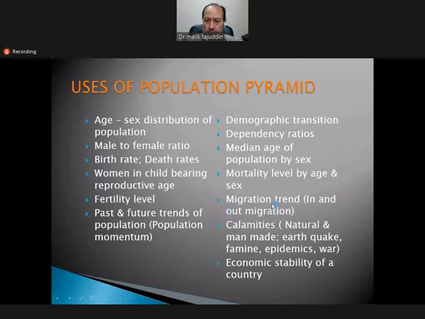Then you can find out the migration trends, in-migration and out-migration, through these population parameters: how many people are going out and how many are coming in. If you see the migration trends of Pakistan, you can find that more people are out-migrating. Excluding the in-migration of Afghan refugees in the decades of the 80s, more than 3 million in-migrated here.